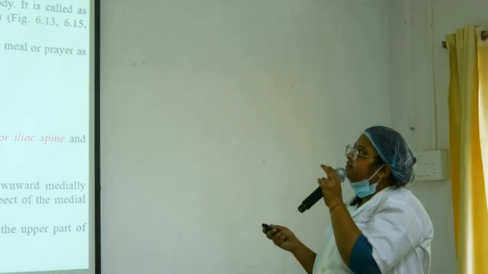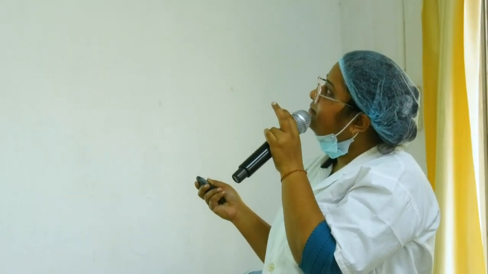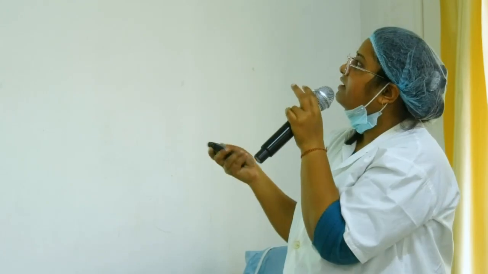So this is sartorius. Sartorius is the longest muscle in the body, and it is called the tailor's muscle. This is important for your MCQ. What is the tailor's muscle? Sartorius is the longest muscle and also known as the tailor's muscle.